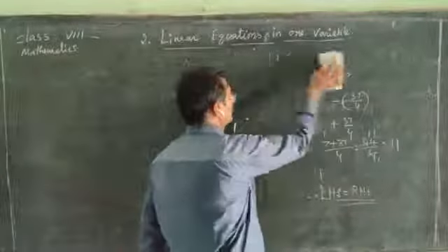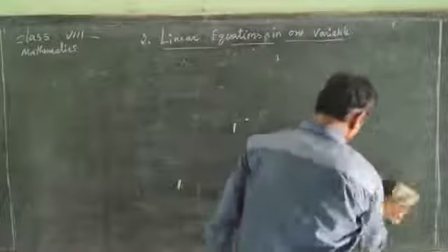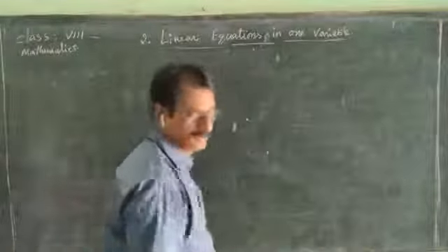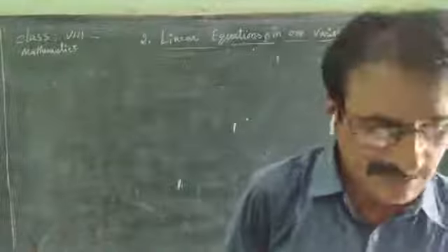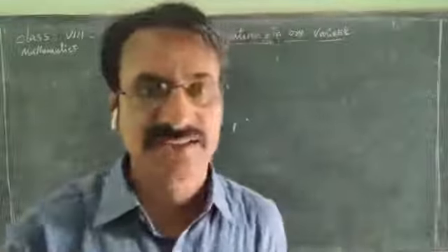See another example in the next exercise. We are going to the next exercise. First, I will show you the sums in the exercise, then I will explain some of them. First, you observe the exercise sums. Here, exercise 2.1.